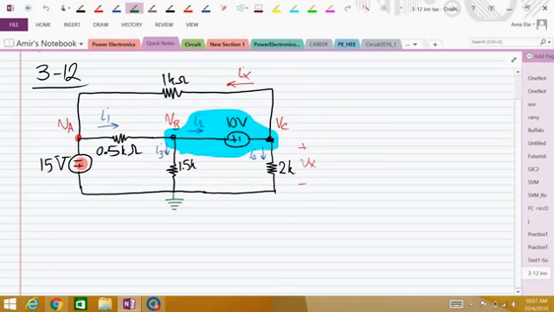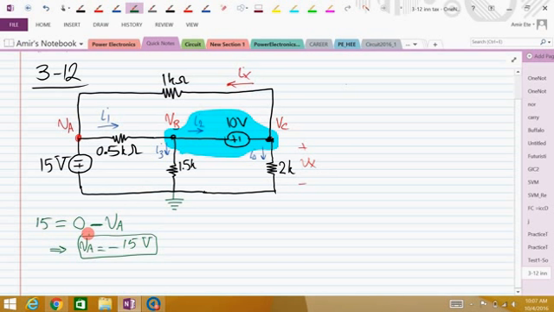I can say, okay, this is 15 volts, which equals the voltage of the node connected to the positive polarity, which is the ground in this case, so it is 0, minus the voltage of the node connected to the negative polarity, VA in this case. So from here my VA will be minus 15 volts.